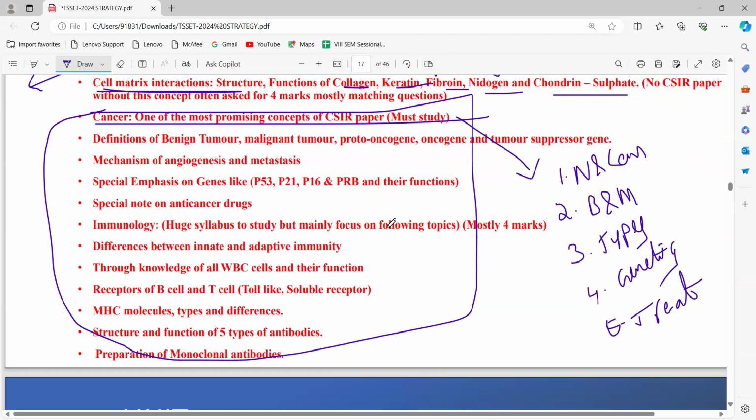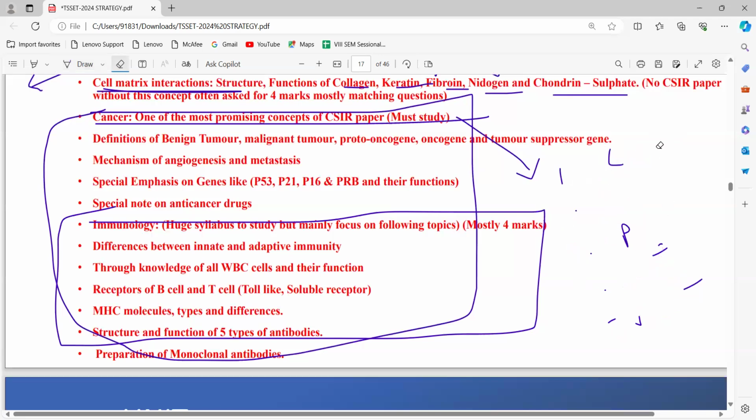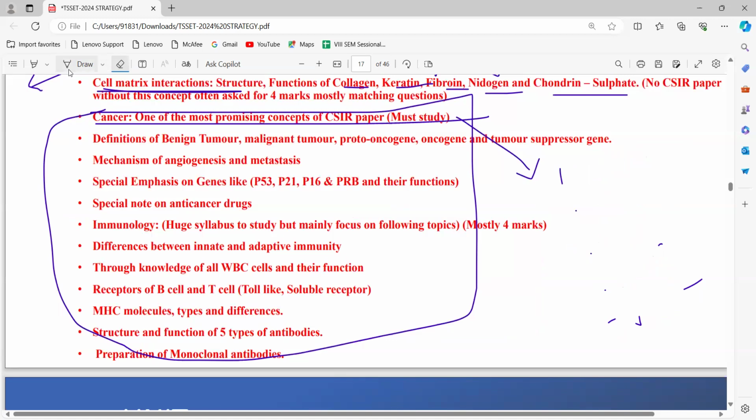Now I know immunology is a very difficult unit, so while discussing, we will discuss the most unique topics that compulsorily come in the exam. If you read only those concepts, you can answer the questions so easily.